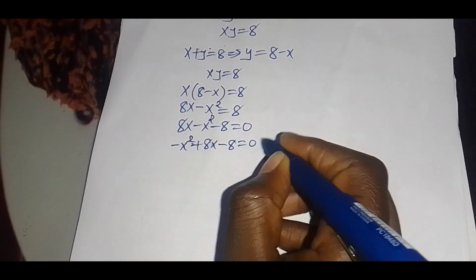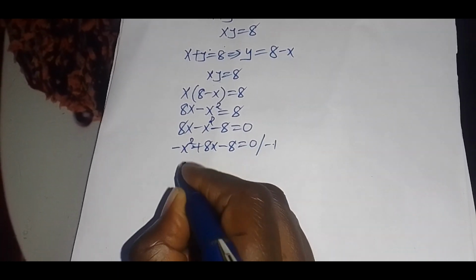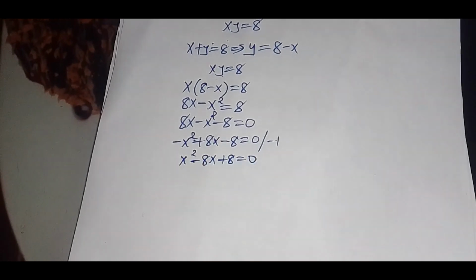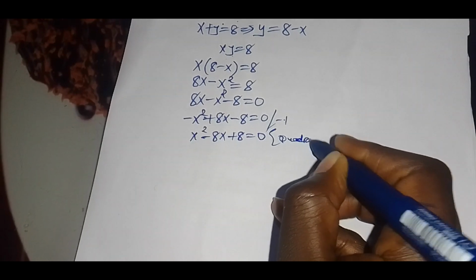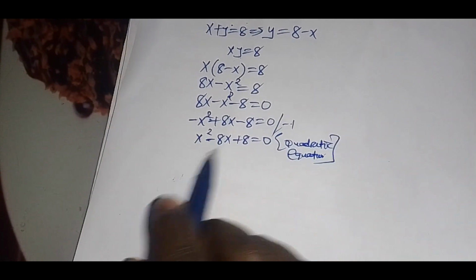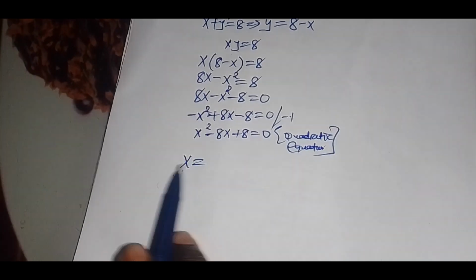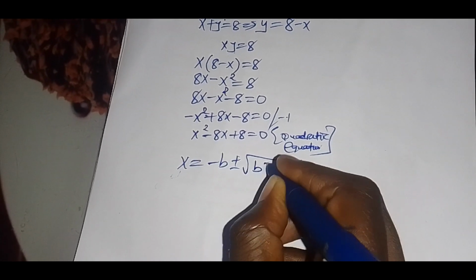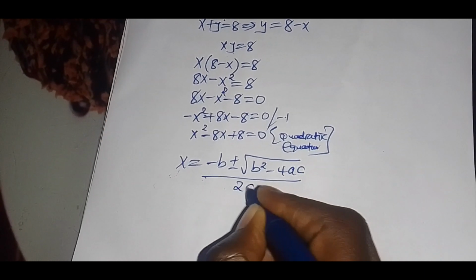Then we divide both sides by negative 1, so that we have x squared minus 8x plus 8 equals 0. This is a quadratic equation. To solve for the value of x, we introduce the quadratic formula, which states that x is equal to minus b plus or minus the square root of b squared minus 4ac, divided by 2a.